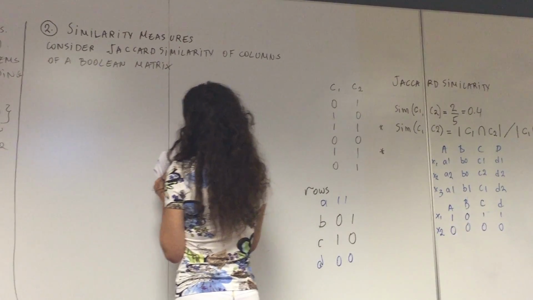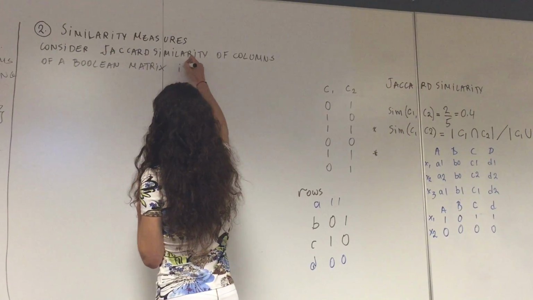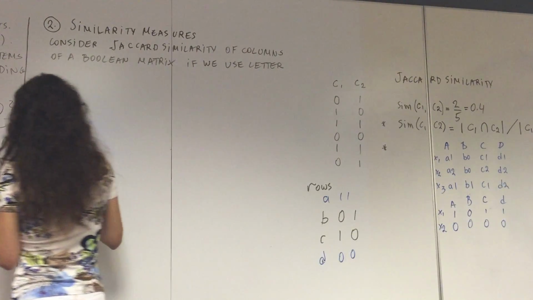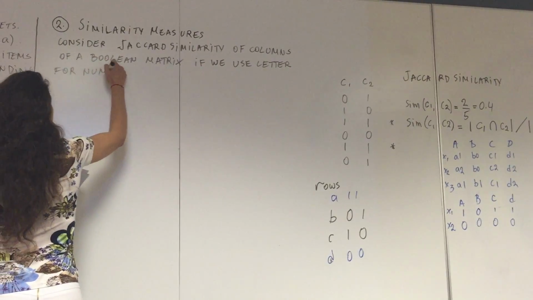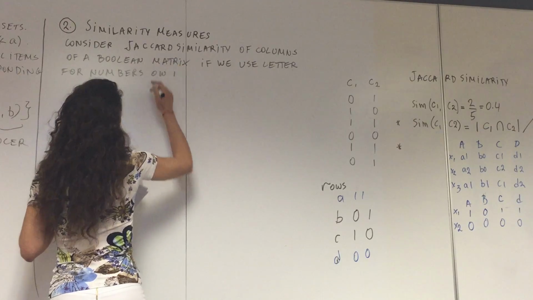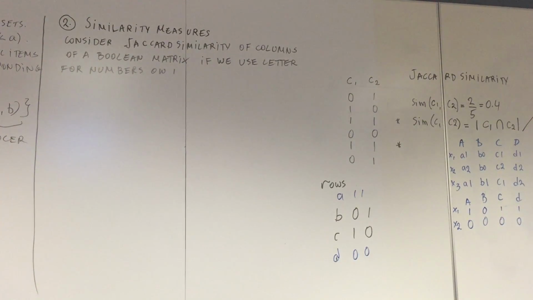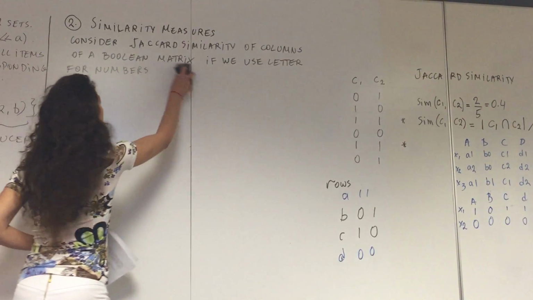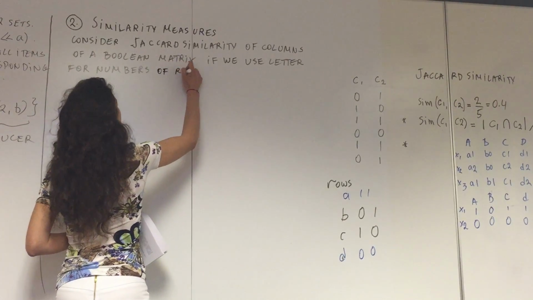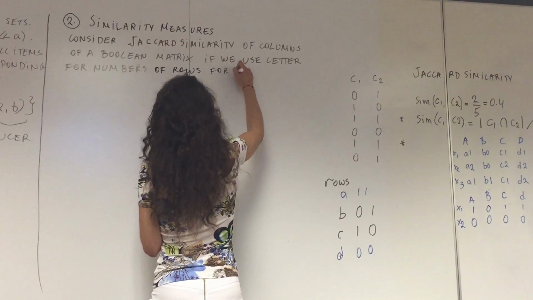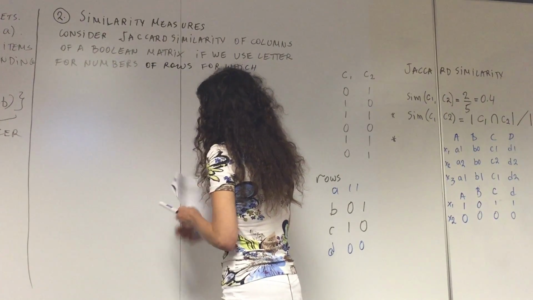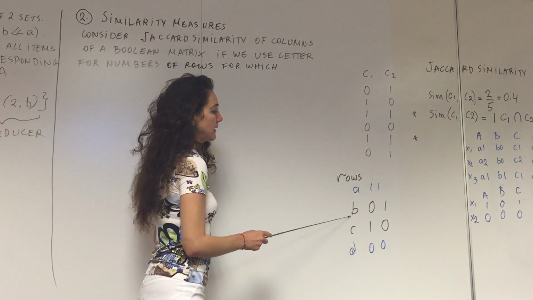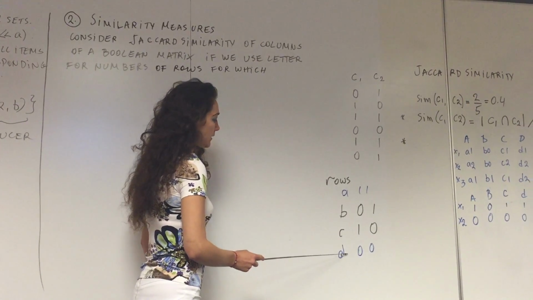If we use letters A, B, C, and D for numbers of rows for which A is 1, 1, B is 0, 1, C is 1, 0, and D is 0, 0.